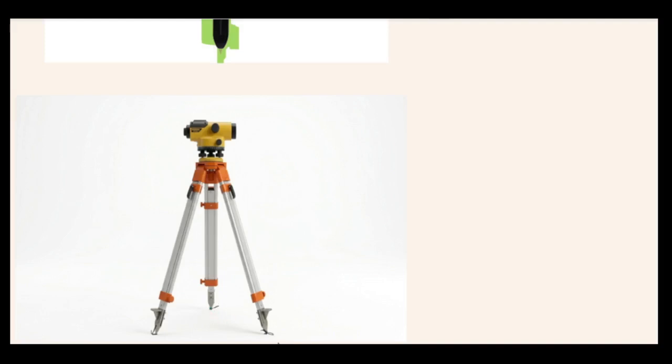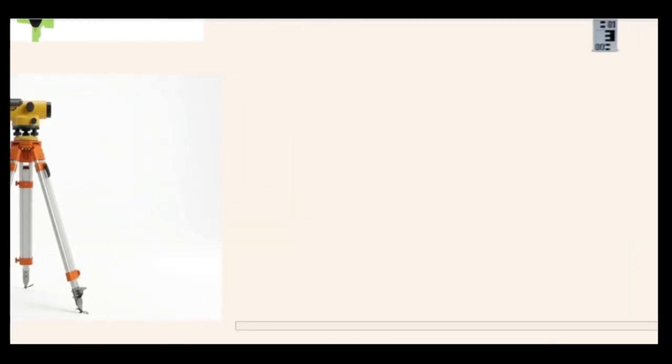When you insert all these into the ground, it will get to this level and remain on the ground. So what you only do is to rotate this to and fro, depending on the points you're about to view.